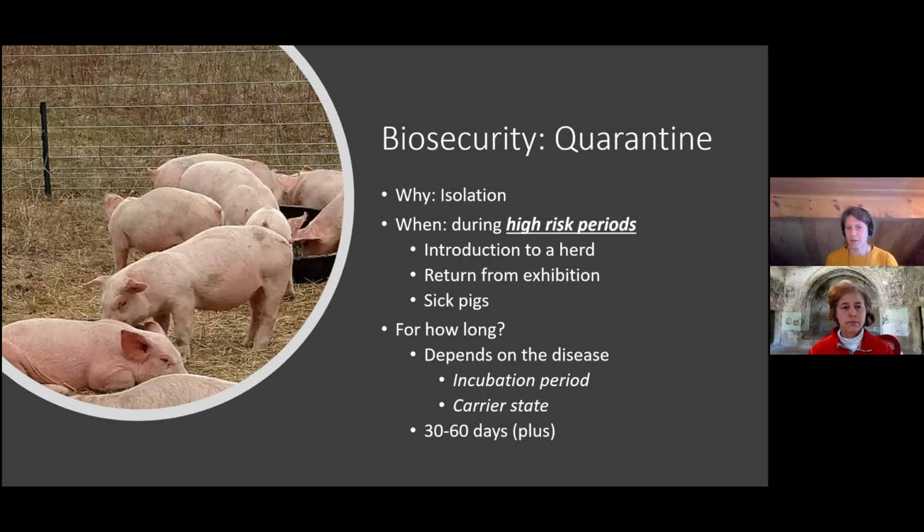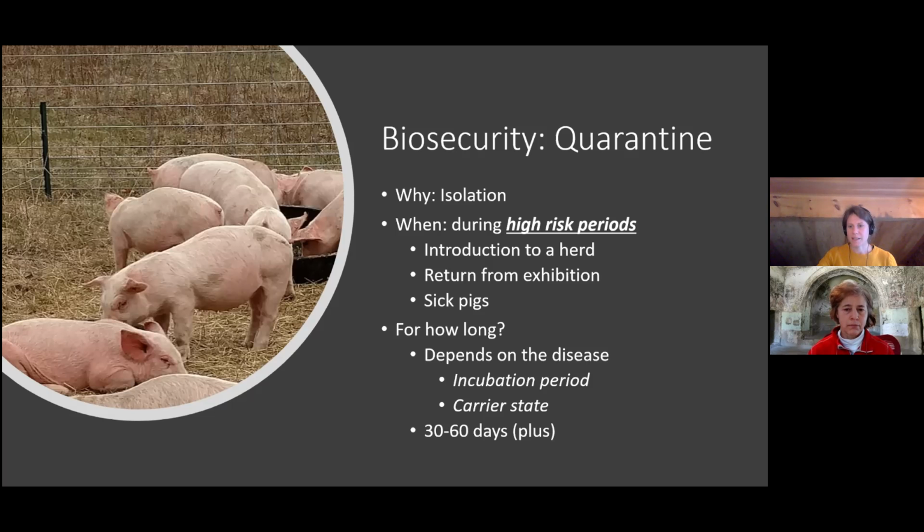So 2 things to consider are the incubation period of the disease or diseases you may be concerned about, and then also the carrier status like we talked about just a slide ago. So the incubation period, we'll define that. That is the period of time between exposure to infectious disease and then subsequently developing clinical signs of that disease or the ability to spread that disease.